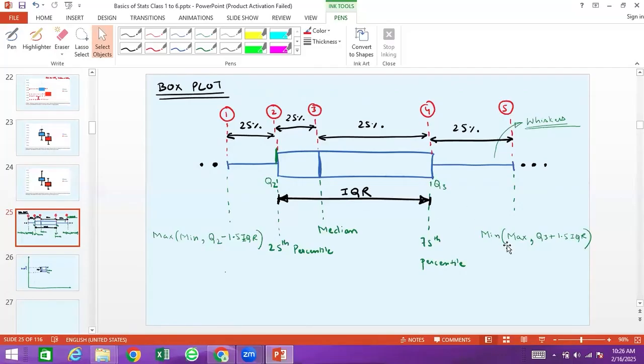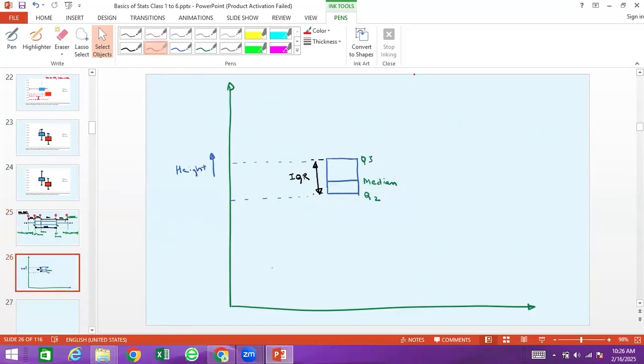I said we will be taking the minimum of the maximum and Q3 plus 1.5 times IQR. So the fifth point is going to be the minimum of the maximum value and Q3 plus 1.5 times IQR.